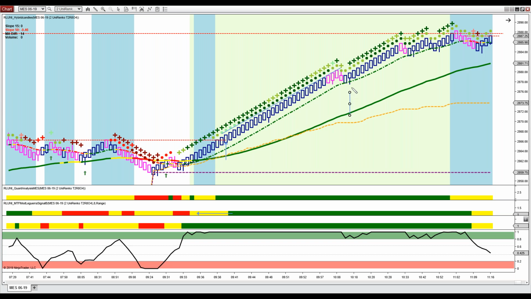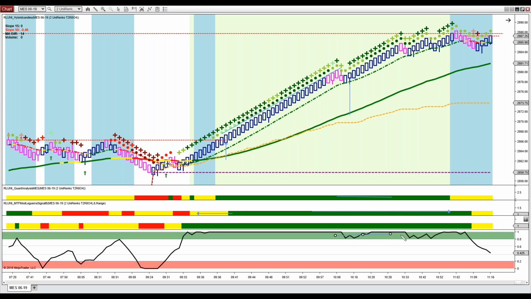Could you take this continuation? Green background, one quant, tells you that the Russell, the Nasdaq, and the Dow are also going long on a multi-time frame basis. Here's velocity or acceleration in rise of price across the higher two time frames, telling you that price is accelerating up.